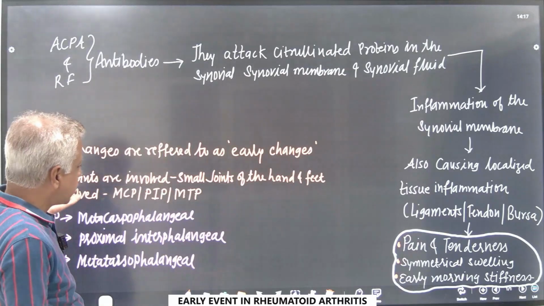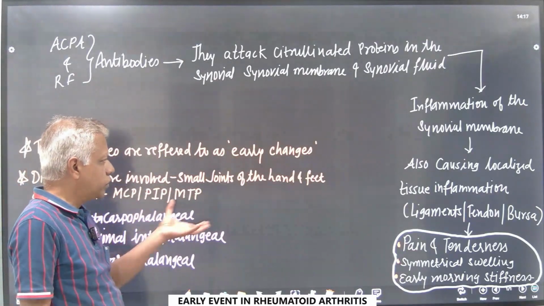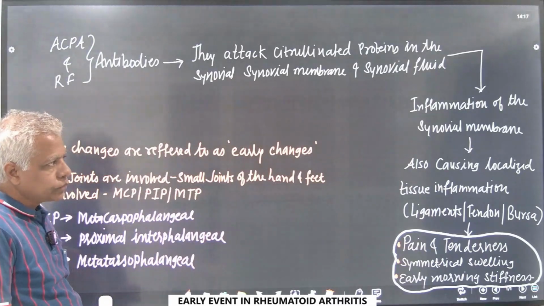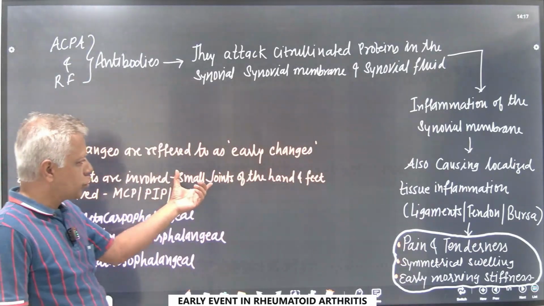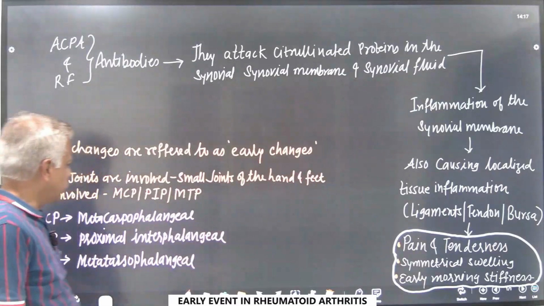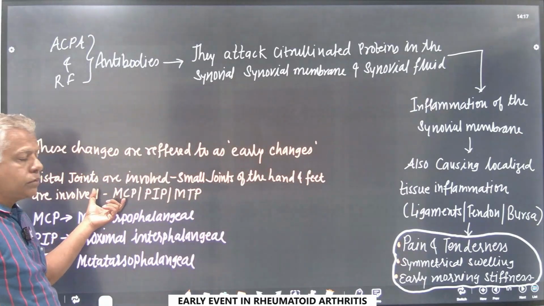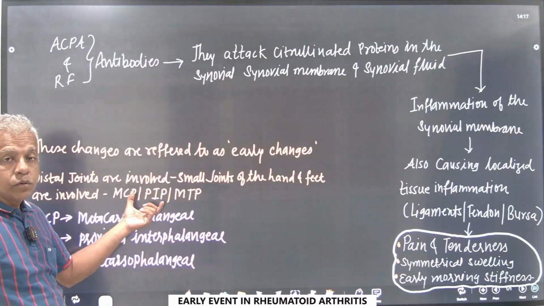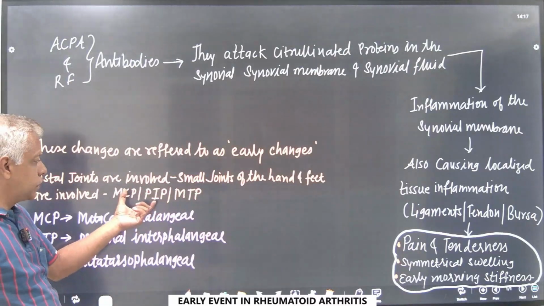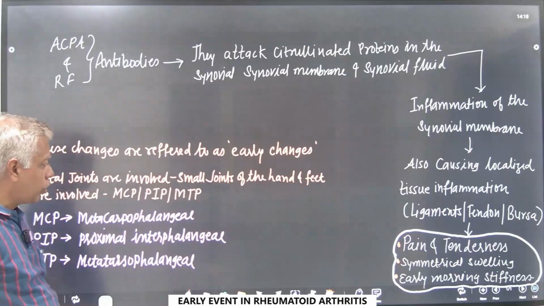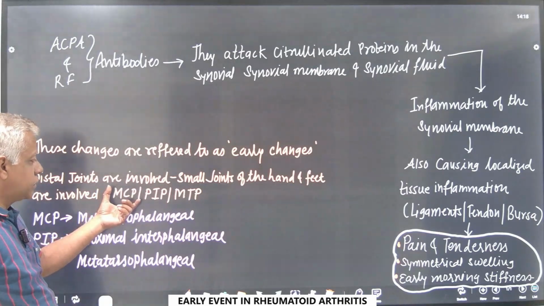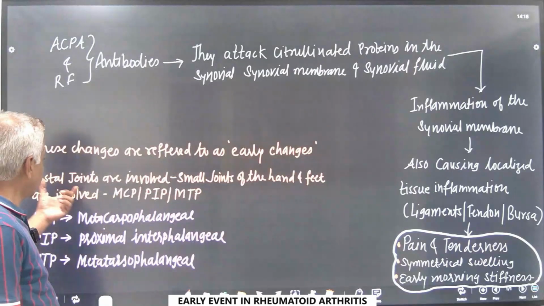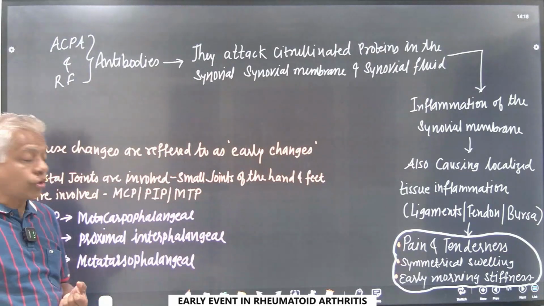When I say distal joints, I mean the small joints of the hands and feet. When we talk of the small joints of the hands, the MCP, metacarpophalangeal joints, and PIP, proximal interphalangeal joints, are the specific joints involved first.